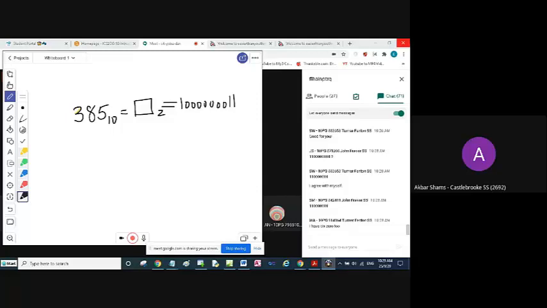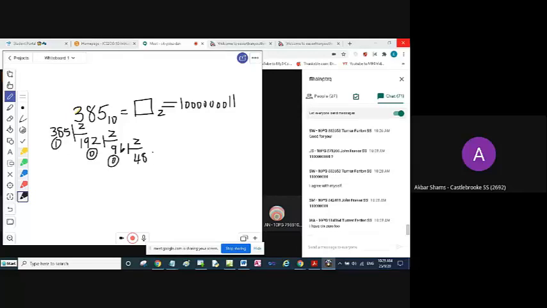Again, we say 385 divided by 2 gives me 192. And what is the remainder? 1. 192 divided by 2 gives you 96. Remainder is 0. 96 divided by 2 is 48.